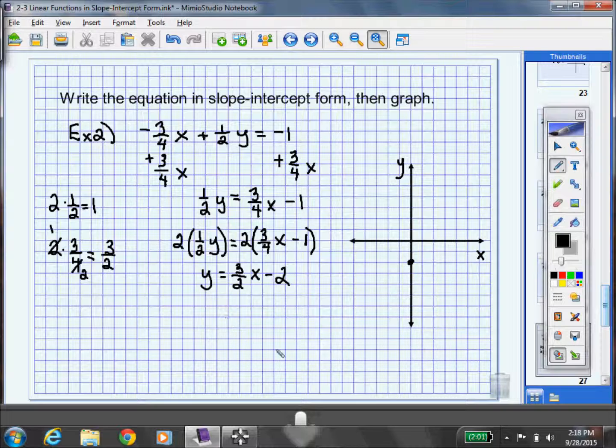Y-axis. And what do you do next? Up 3 over 2. That comes from the fraction, the slope, up 3 over 2. Or it also works the other way, down 3, left 2.